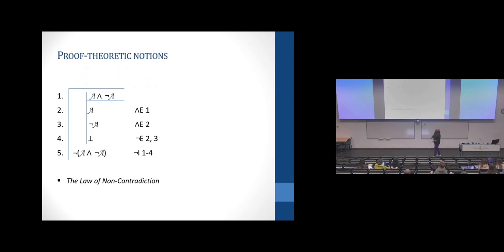So in this case, we open a subproof, and our aim with the subproof is eventually to do negation introduction. And what we show in this case is that what we often call the law of non-contradiction is a theorem in our system. That is, if we had a sentence A and its negation true at the same time, we'd get a contradiction.